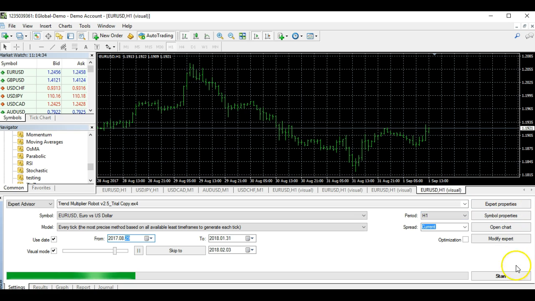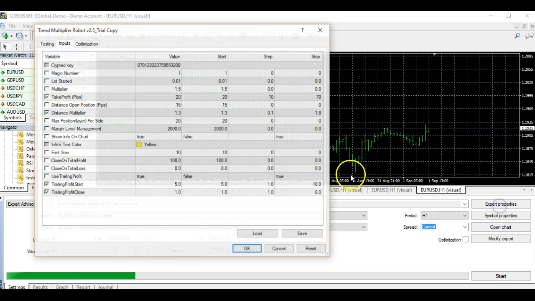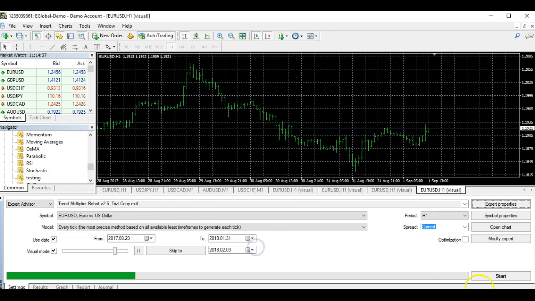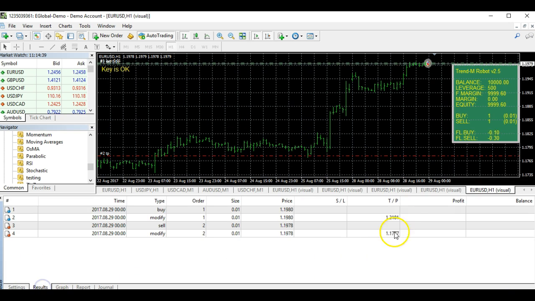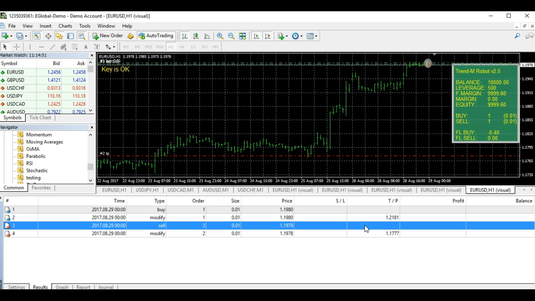I already did this one, so start it again, then go to my result, and this is how your settings behave. Look at that, you are on buy and sell, and one is losing and one is earning.